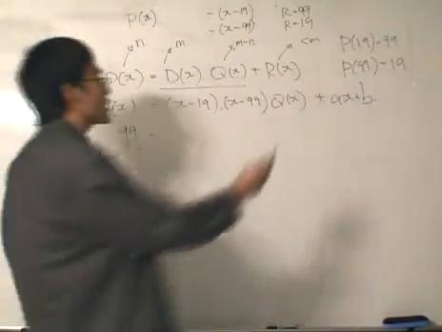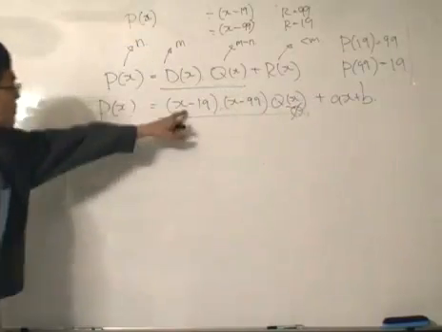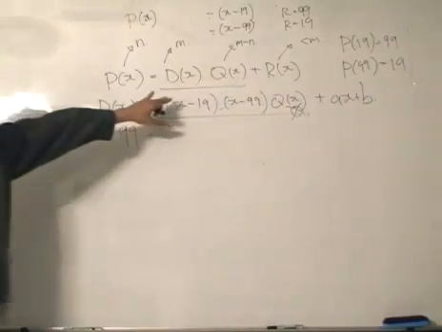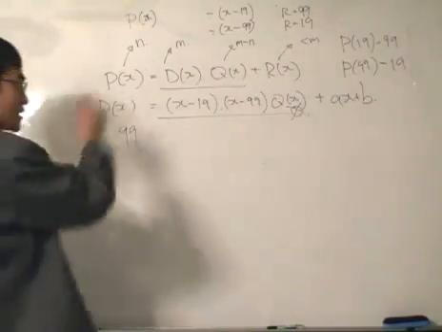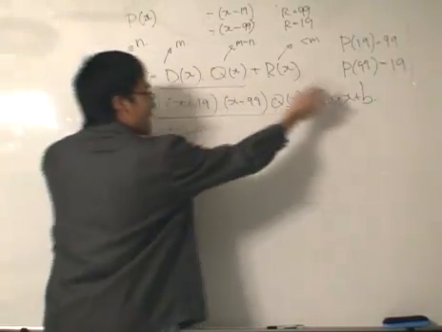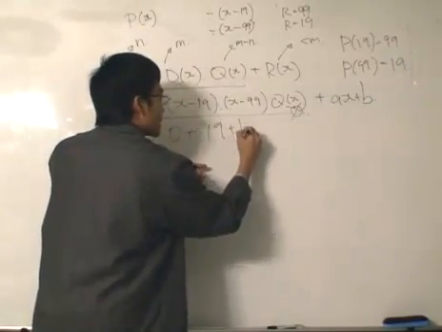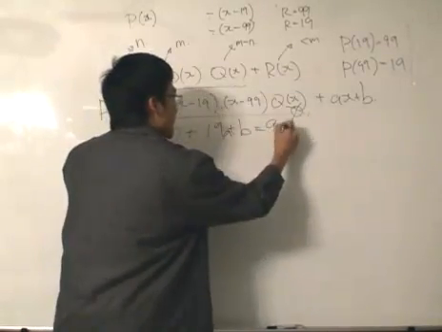I let x equal 19. I eliminate this one over here. Can you see that? A common strategy is to eliminate the ones that you don't know. In this case, it's Q(x). So I put the 19 inside here. I get 19a plus b, and I got my first equation, which I will write like that.